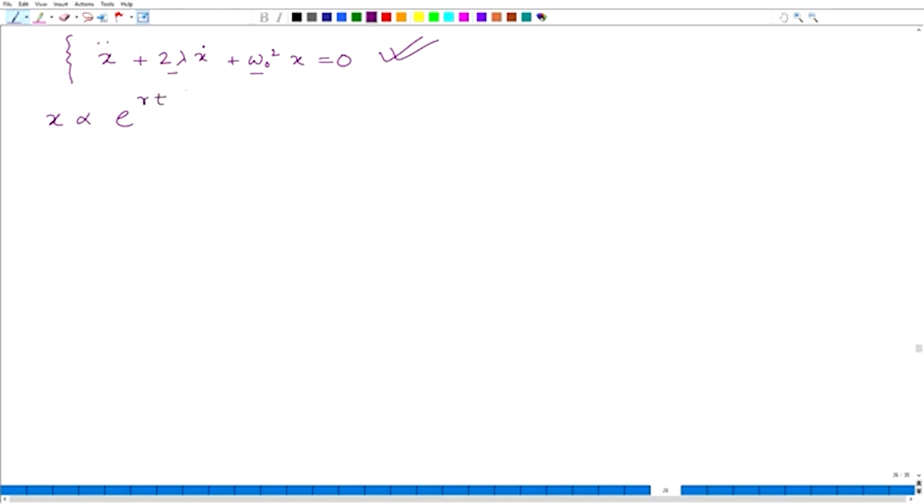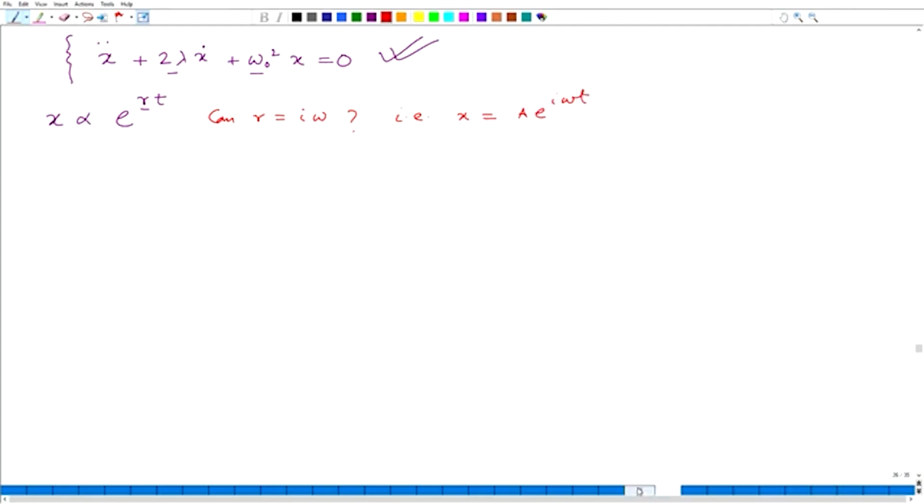Okay. Now, of course, the first choice you can think of from your knowledge of undamped, normal, free simple harmonic oscillation is that this r can be simply i omega. So, the first question is, can r be equal to i omega? Okay. So, if you do that, that means can x be equal to some a e to the power i omega t?